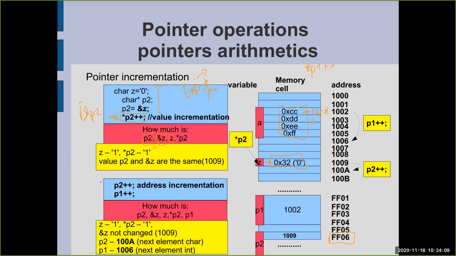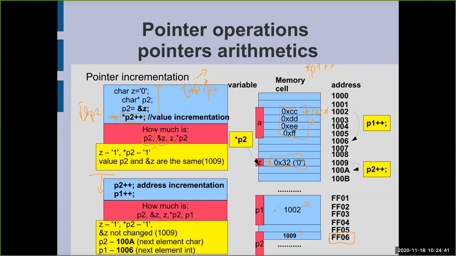Okay. The second possibility of incrementation is pointer incrementation. So for example, P2 plus plus or P1 plus plus. What does it mean? It means that we want to increment the value here. But pointer incrementation works differently than incrementation of a standard integer value.